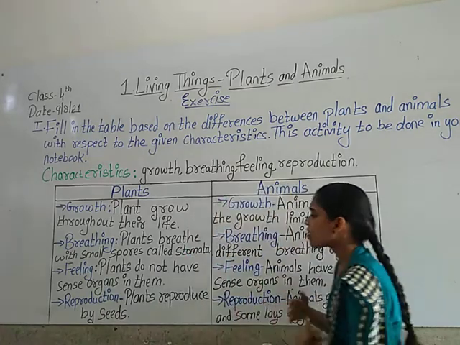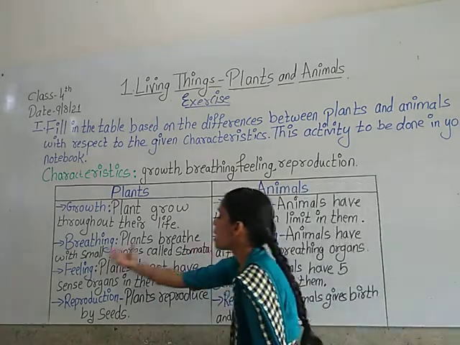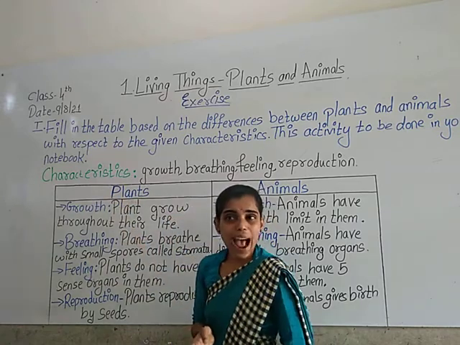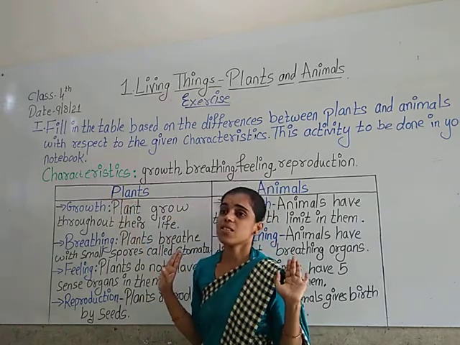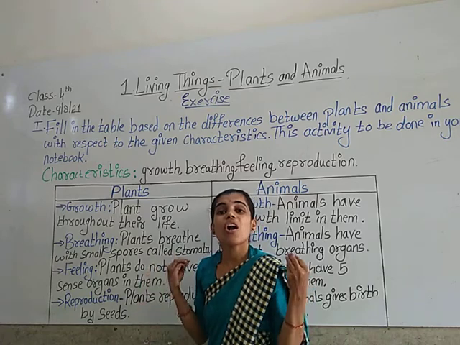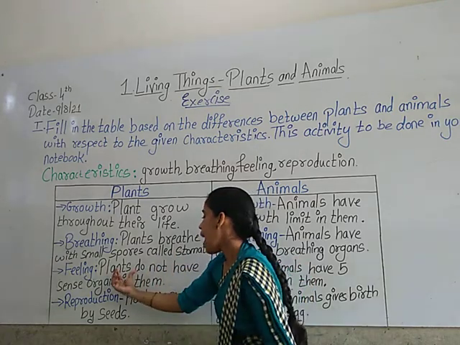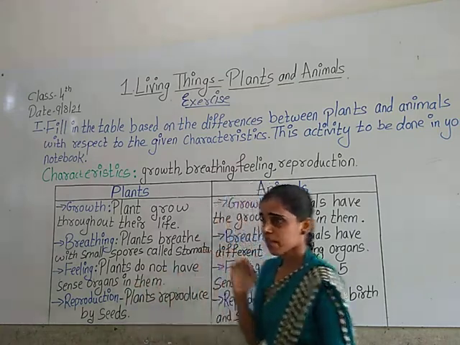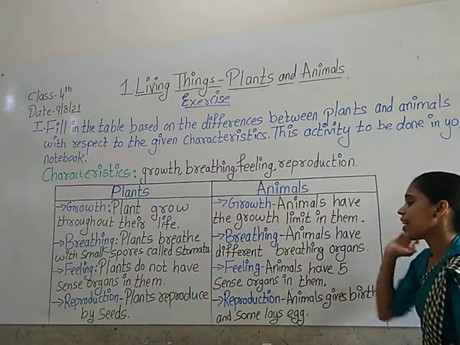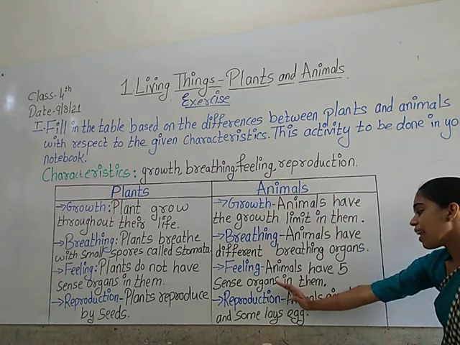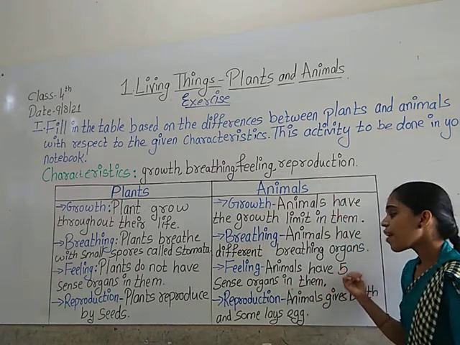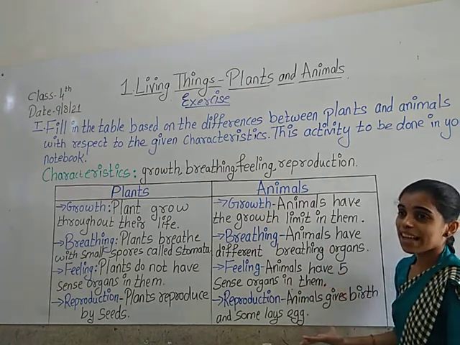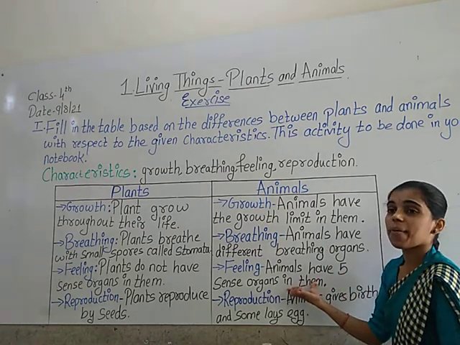Next characteristic, feeling in plants. Plants do not have any sense organs, so they cannot feel. Next, feeling in animals. Animals have 5 sense organs. These are the 5 common sense organs in them.